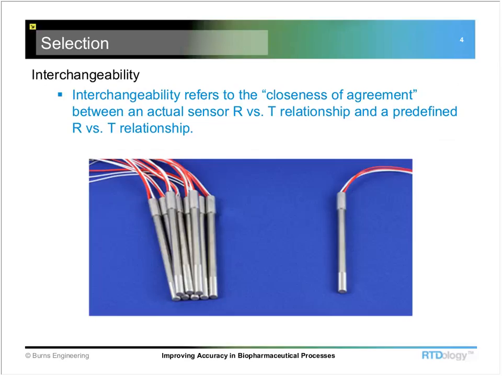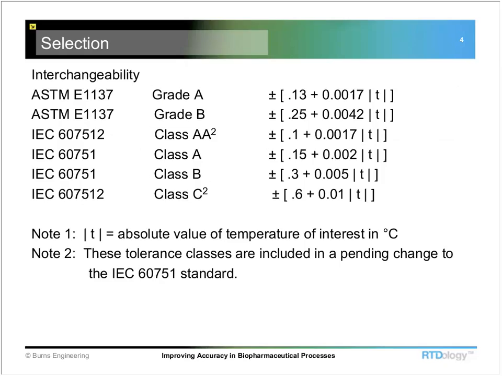If we try to define what this is, if we've got a bundle of sensors and we pull one out of that group, what it says is that it's going to fall within a certain closeness of agreement with a specified or predefined R versus T relationship. The two current standards that are out there, there's an ASTM standard and an international standard.